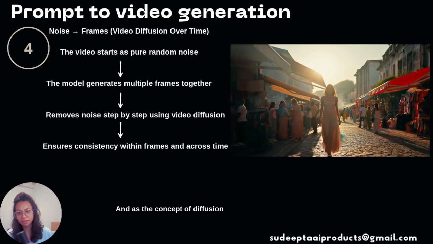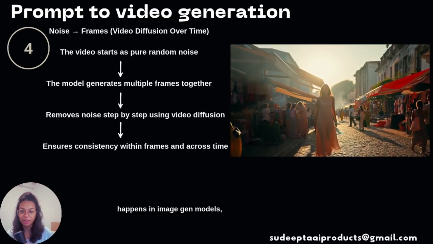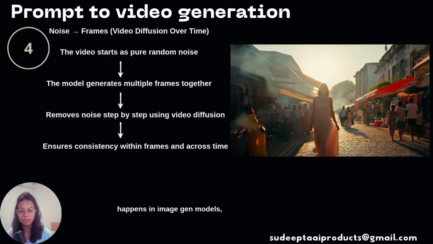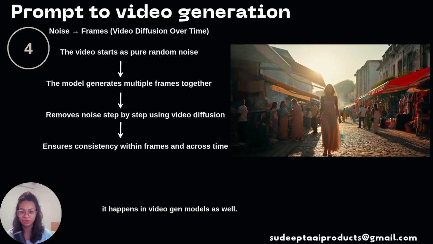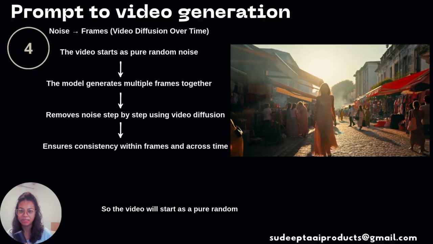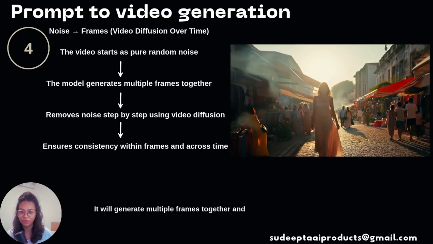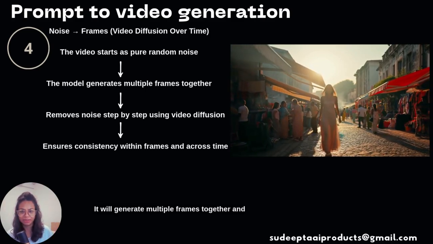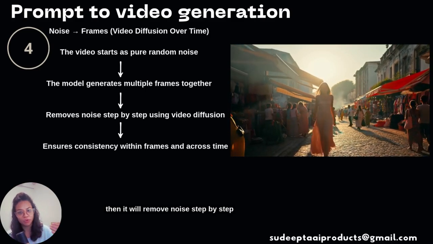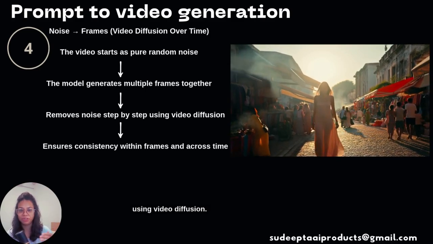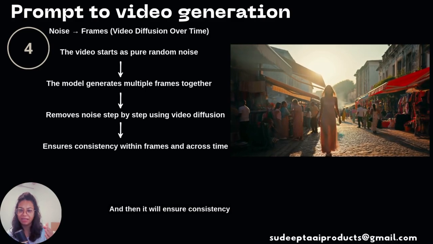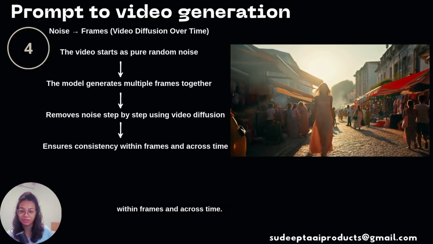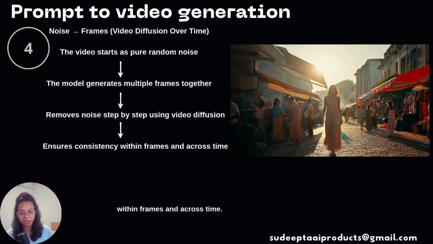And as the concept of diffusion happens in image gen models, it happens in video gen models as well. So the video will start as pure random noise. It will generate multiple frames together, and then it will remove noise step by step using video diffusion. And then it will ensure consistency within frames and across time.